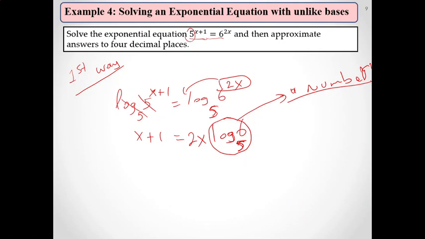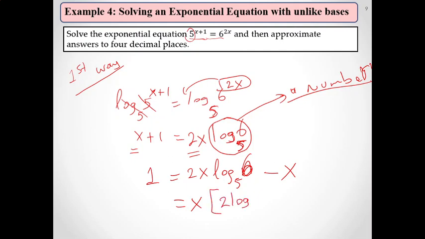How do you solve an equation of such a thing? Just collect all x terms on one side. Now send x to the other side, you get 1, and take x as a common factor, right?